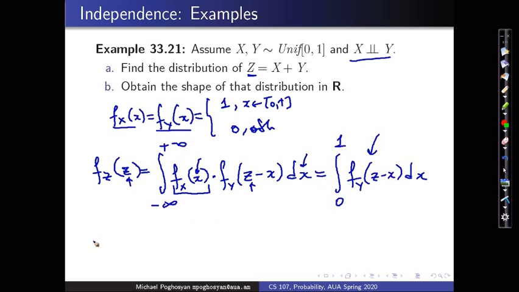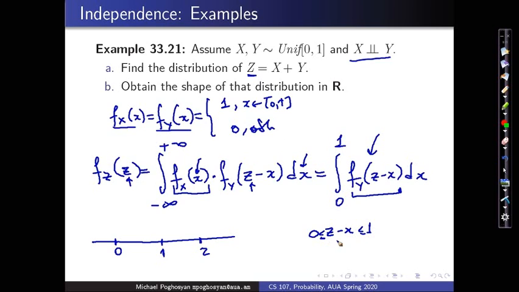So let me solve this by considering several cases. First I want to write when this is non-zero. It is non-zero when z minus x is between 0 and 1.